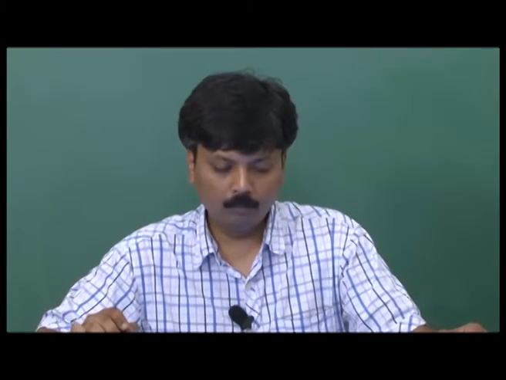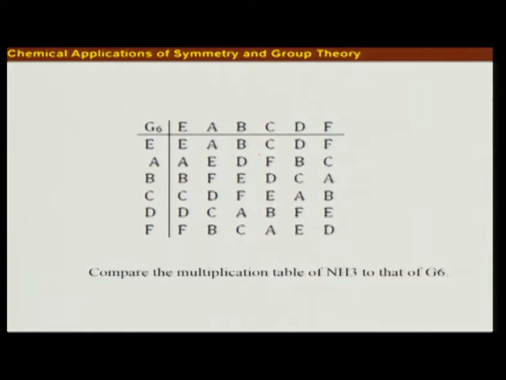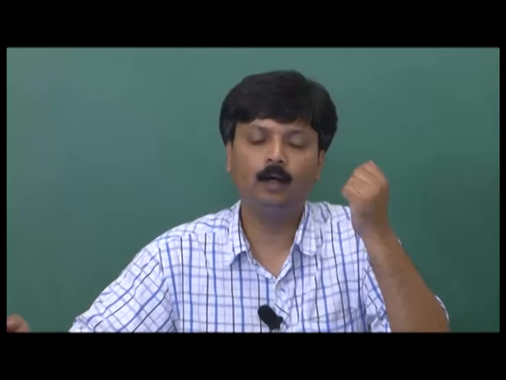Now, suppose I give you this particular group multiplication table, can we compare it with the multiplication table for a particular point group which also has an order 6? So what is a group that you can imagine which has an order 6?